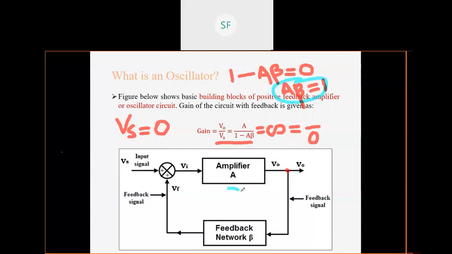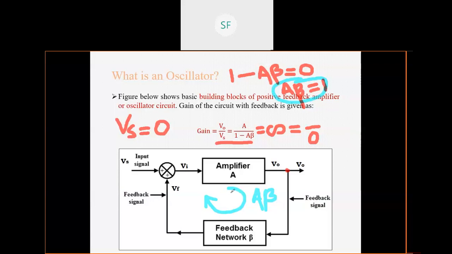Why? Because you can observe here that one loop is formed due to this feedback. And what is the gain of this loop? The gain of this loop is nothing but the gain of the amplifier A multiplied by the feedback fraction beta. You cannot really call it a gain, since beta is always less than 1, so it is not basically a gain.